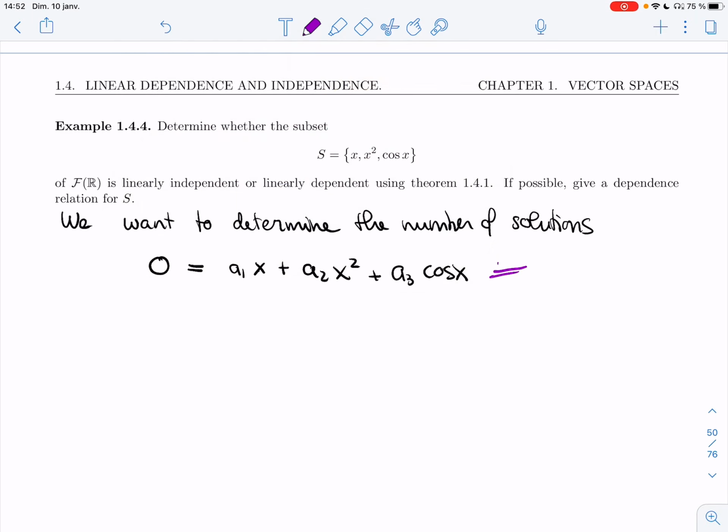All right, so this equation needs to be true for any x, for all x and r.